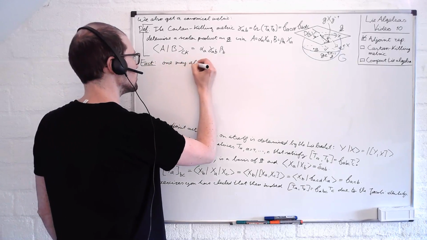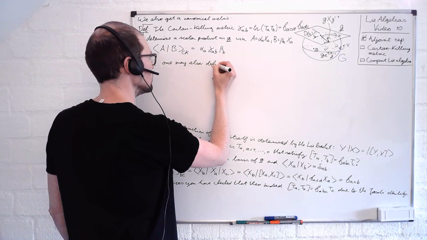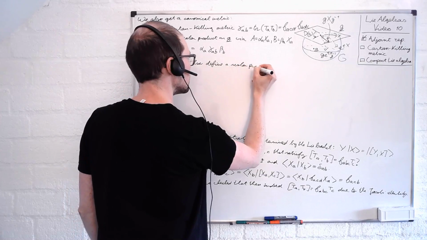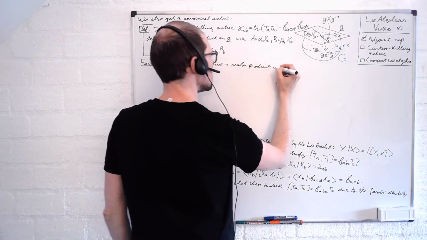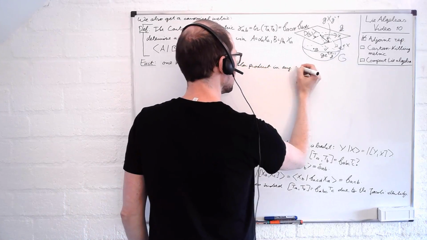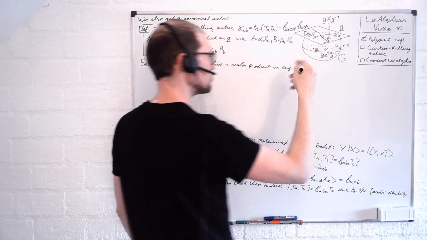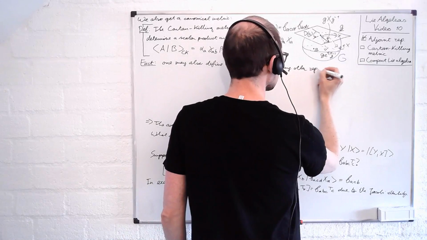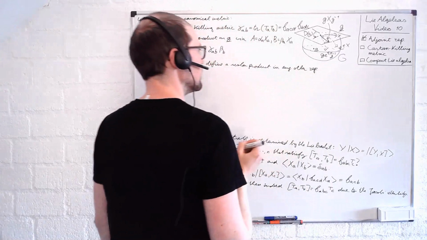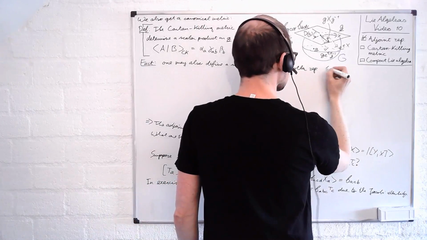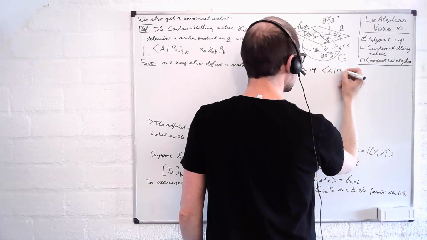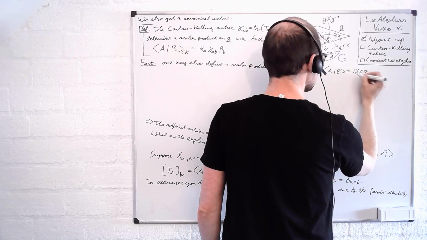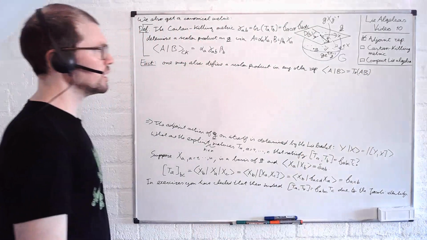One may also define a scalar product in any other representation, just the one that you happen to be working in, by setting <A,B> simply to be the trace of AB.